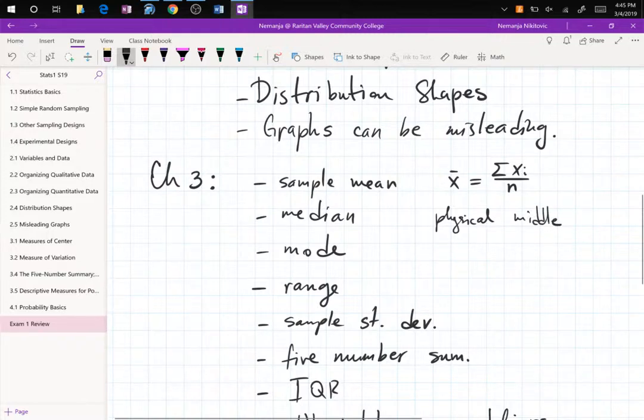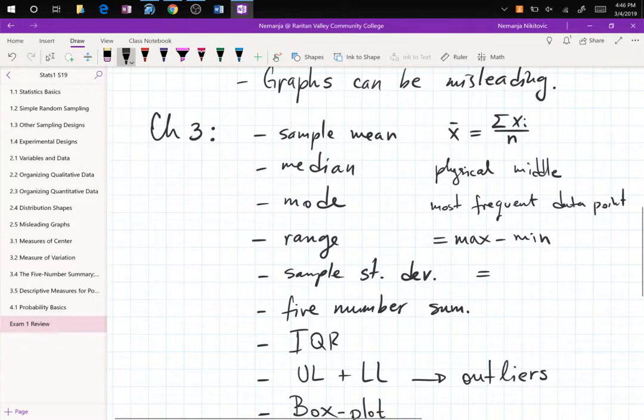Mode, most frequent data point. You can have more of those. Range was max minus the min.